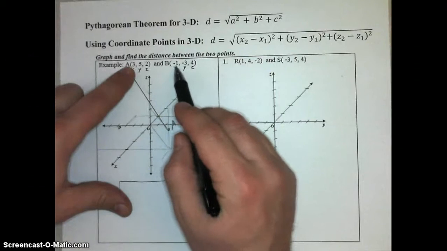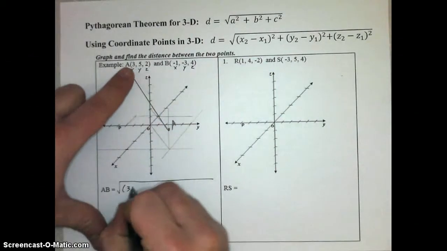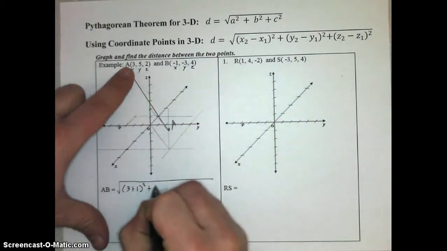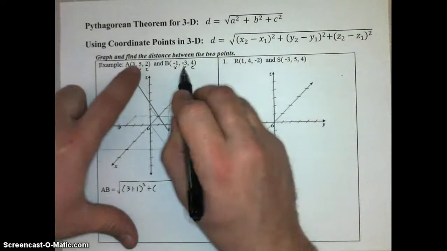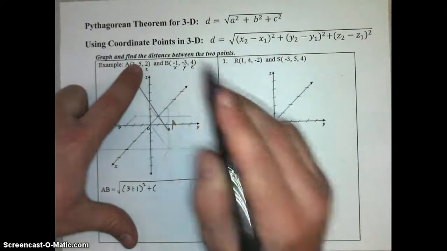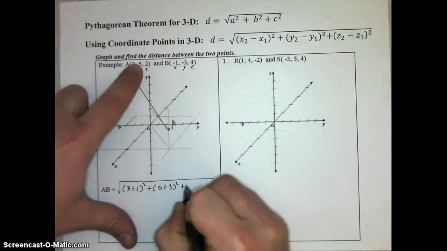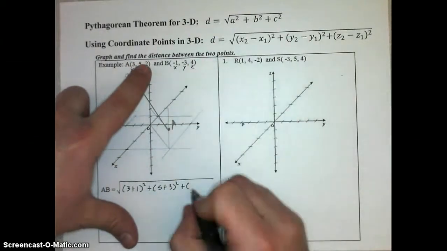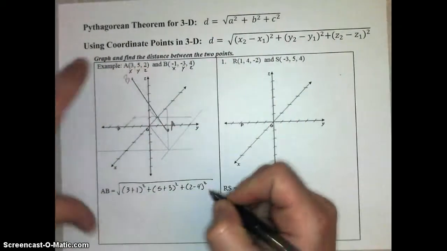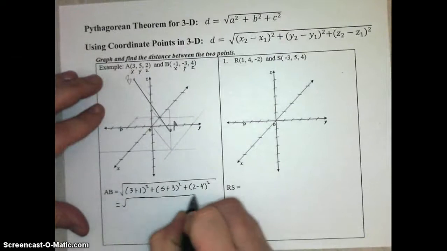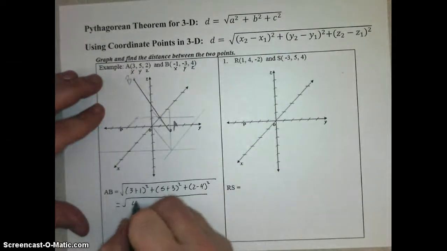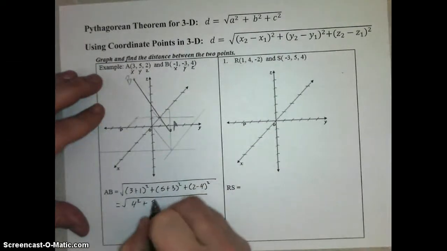So I'm going to do 3 minus -1, or 3 plus 1, squared. Then I'm going to use the same order for the y's. I'm going to do 5 minus -3, or 5 plus 3, squared for the y's. And for the z's, I'm going to do 2 minus 4 and square that. And then I just simplify. 3 plus 1 is 4. 5 plus 3 is 8.